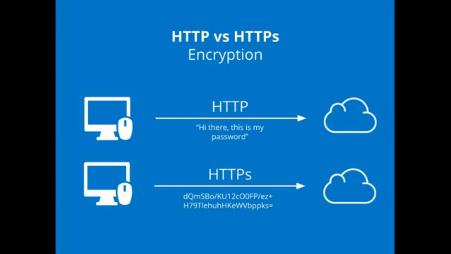This is sensitive information, and it should not be seen by anyone in the network. When you use HTTPS, the same password is encrypted, so you just see a lot of garbage, encrypted characters. But in fact, the protocol is the same. It's HTTP. You only add an additional security layer.